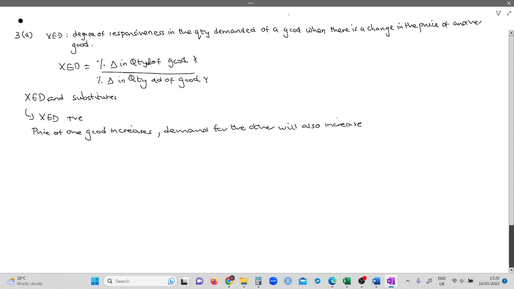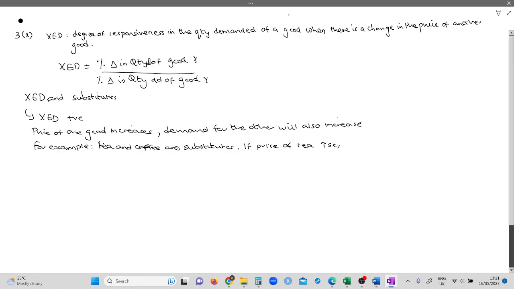So let's take the example of two goods which are substitutes. You can provide an example. For example, tea and coffee are substitutes. Either you drink tea or you drink coffee. You cannot drink both at the same time. So tea and coffee are substitutes. If the price of tea increases, of course, what will happen?